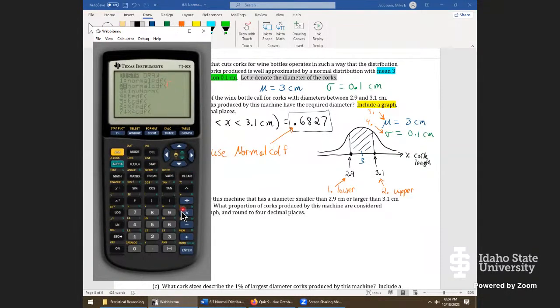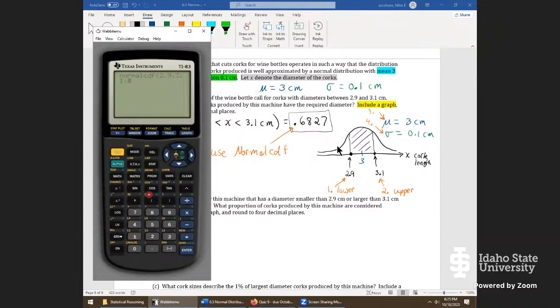It's still normal CDF problem. It prints out the function. And now, if you use this calculator, pay attention to the 1, 2, 3, 4. Again, I'm going to put this on every problem as a guide of how to get through it. So it'll be at 2.9. You have to literally put in a comma, so that's what you get for getting a TI-83, but you did save money. This is like a $90 calculator, so there's some value in that, I suppose. For input 2, it's a 3.1.